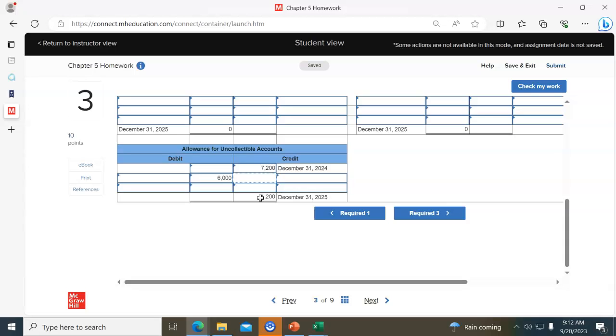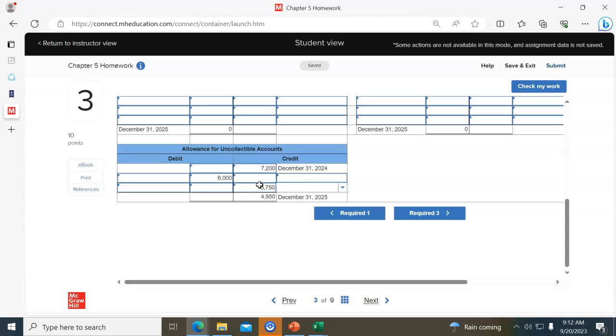But in the next year, we want this to be what? 4,950. So what do we need to credit to make it 4,950? 3,750. Do you guys see what I'm doing?